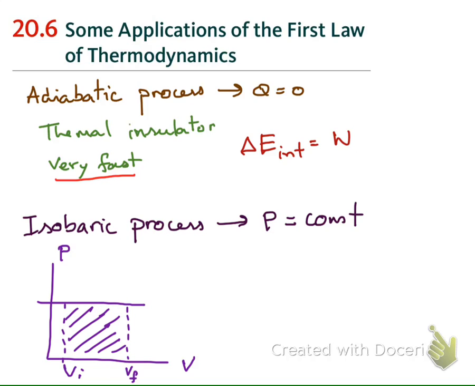So we have that W is equal to minus P times Vf minus Vi.